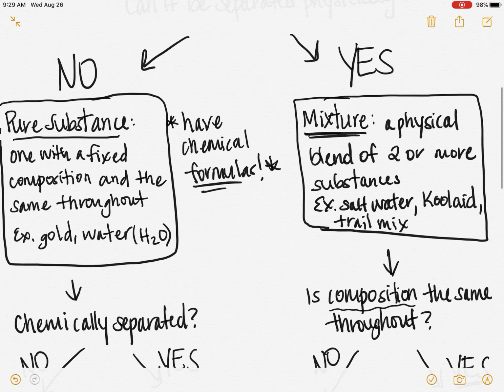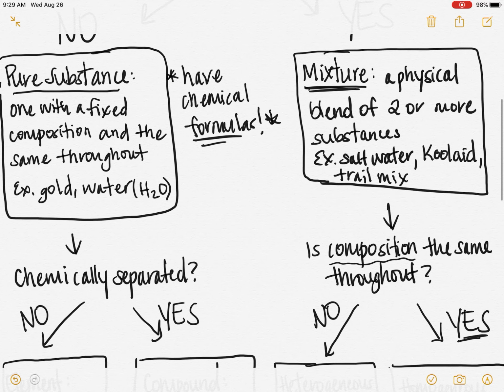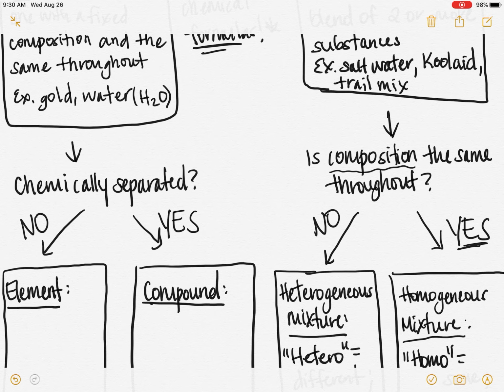All right, so from here, after we've identified something as a pure substance, now we ask the question of, can we chemically separate it? Okay, and the answer is either yes or no. So if we talk about something like water, okay, H2O, water is made of hydrogen and oxygen. So can we physically separate water? If we go to the lab and boil water, we don't physically separate it. We just change it from a liquid to a gas.